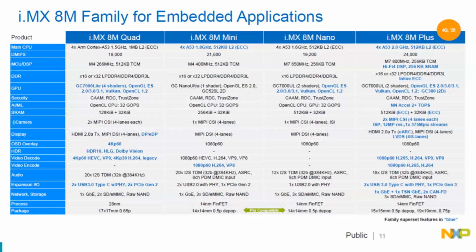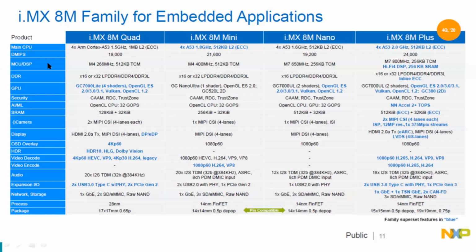And this page I would like to show you what I mentioned earlier, because this is the detailed spec for the i.MX8M series: the 8M, Mini, Nano, and the new series called the 8M Plus.